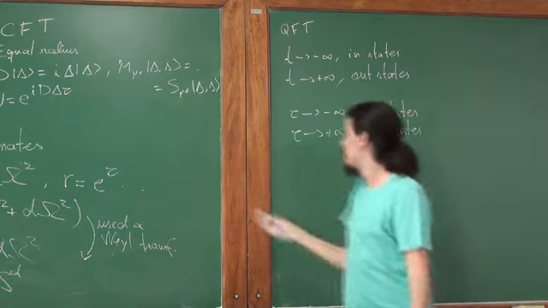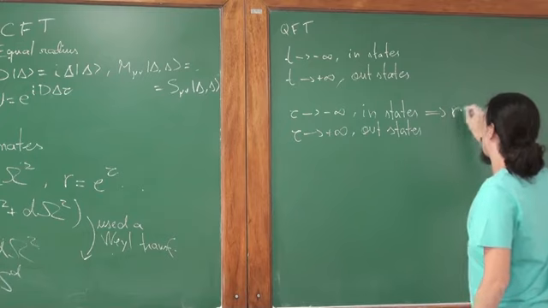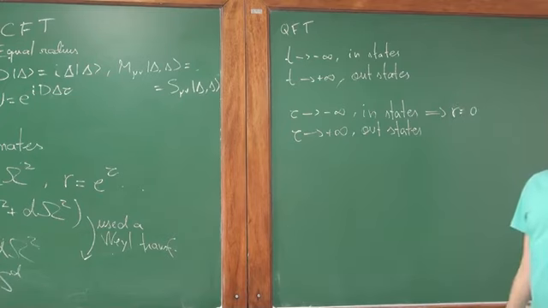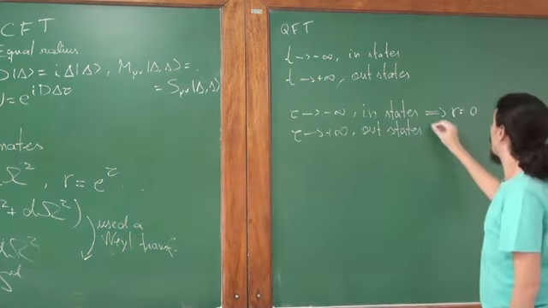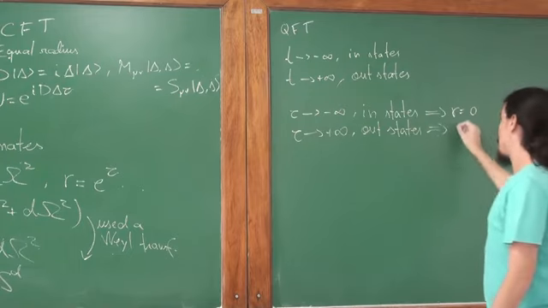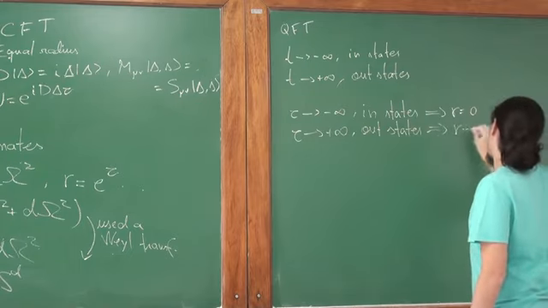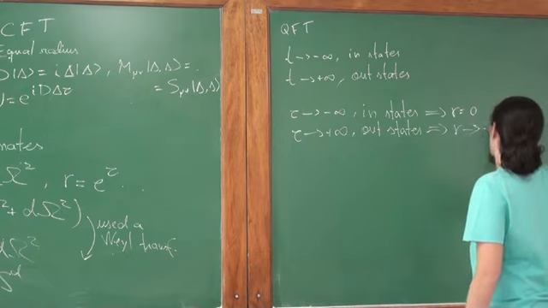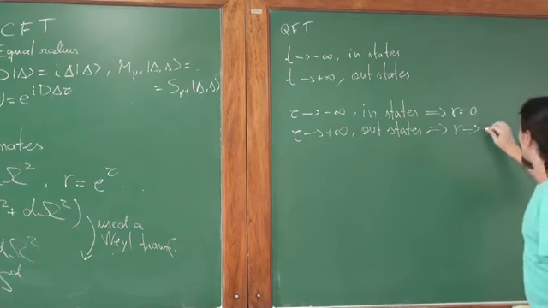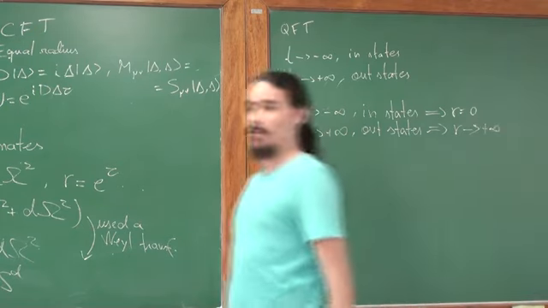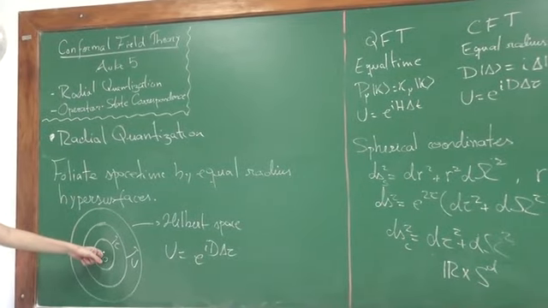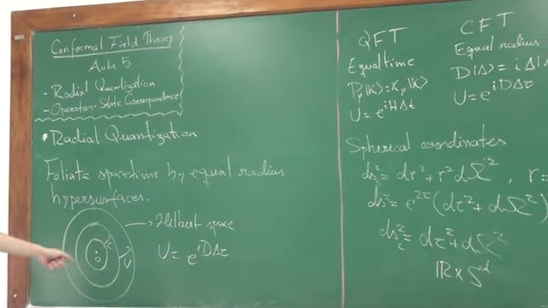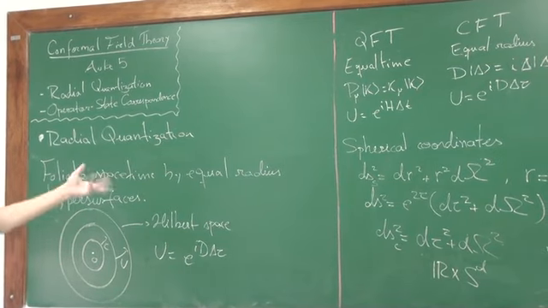And by this map, this corresponds to r equals 0. Tau minus infinity maps to the origin, and tau going to plus infinity maps to an infinite radius. So you can see that when you do radial quantization, you just need to specify your primary operator, primary fields here at the origin, and we generate primary states.